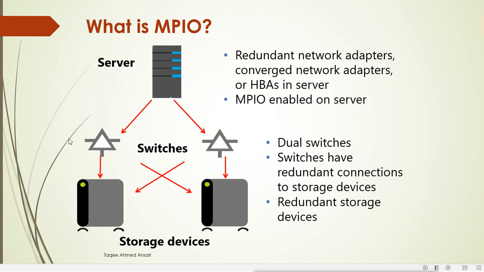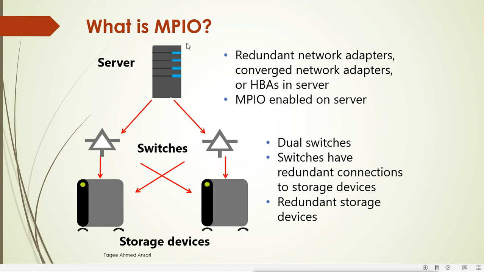Now suppose we have iSCSI storage here, and we have servers there, and the server has two paths to connect to the storage, two different paths, like two different adapters, and it can connect from both adapters to the storage devices, that is SAN or iSCSI, or you can say Fibre Channel or iSCSI.